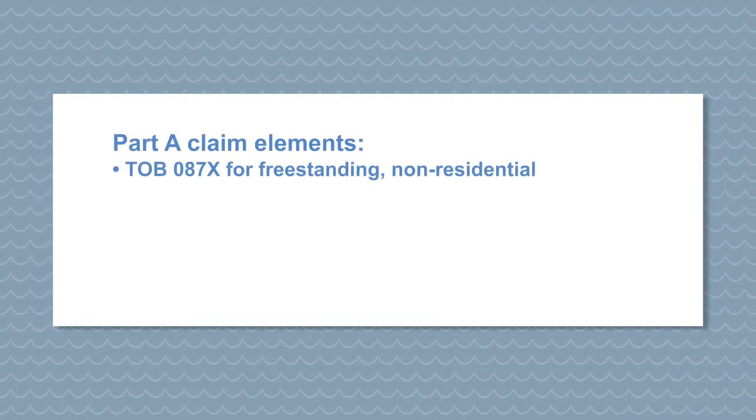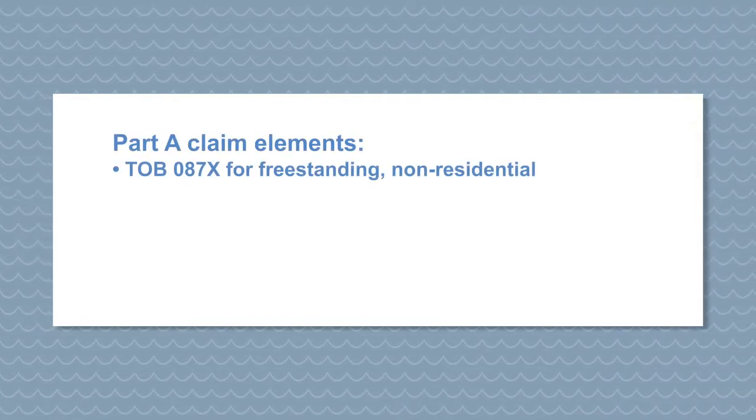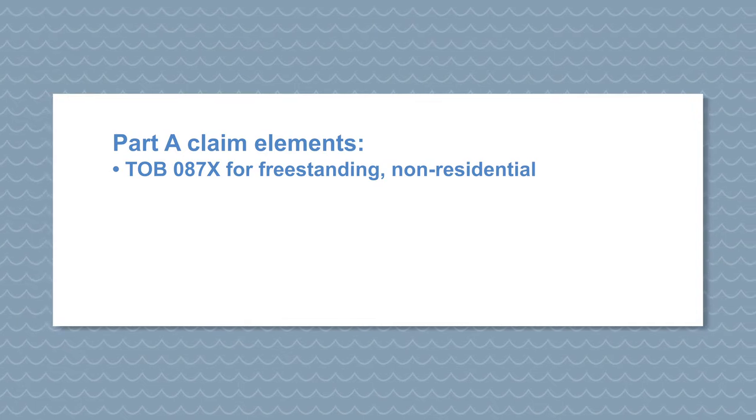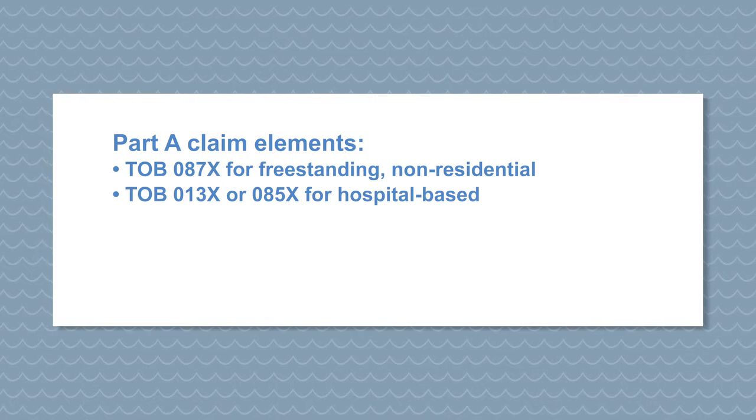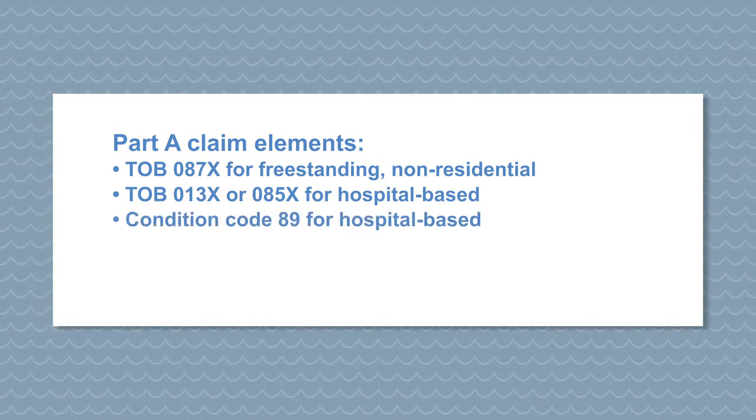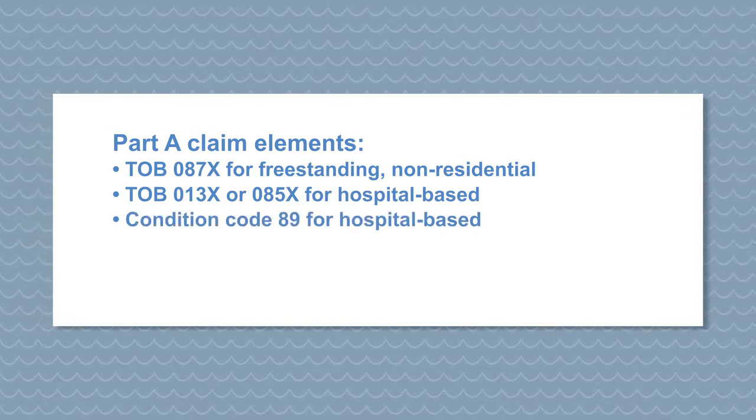Under Part A, there are specific elements you must include on your claim in addition to the OTP HCPCS code. First are the type of bill codes. Freestanding, non-residential OTPs bill type of bill 87X, and hospital-based OTPs bill type of bill 13X or 85X. Second is the condition code 89.